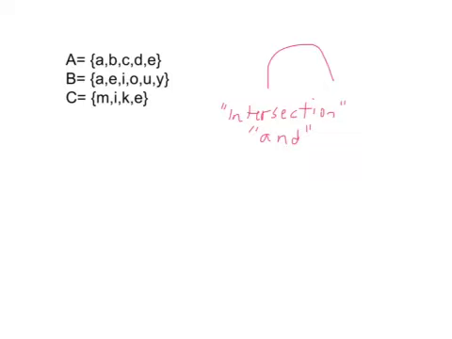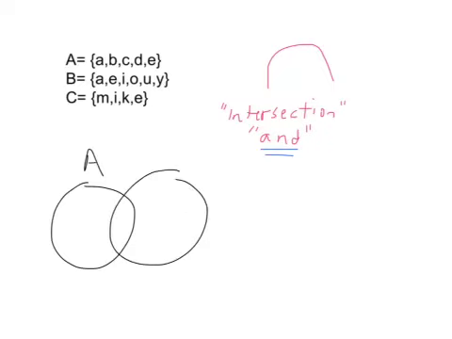Intersection is a little bit different. The intersection is looking at what they share. It means and. So if we were to look at, let's say, set A and set C, well, what do they share?